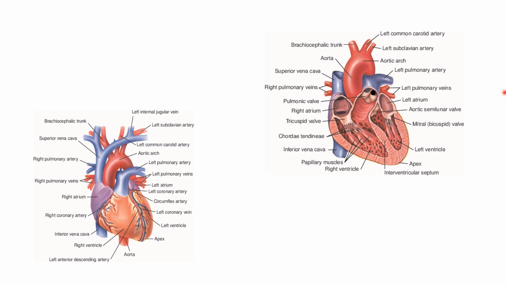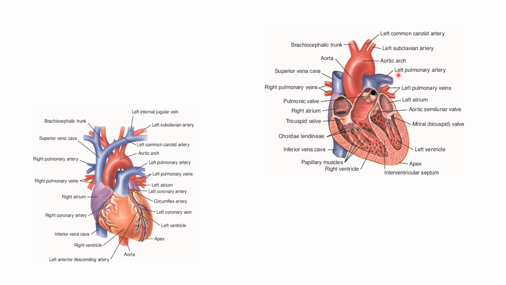Next, you have the lower chambers of the heart, which consists of the right ventricle, displayed here, as well as the left ventricle. Their functions are to pump blood from the heart. The right ventricle pumps blood to the lungs, also known as the pulmonary circulation.